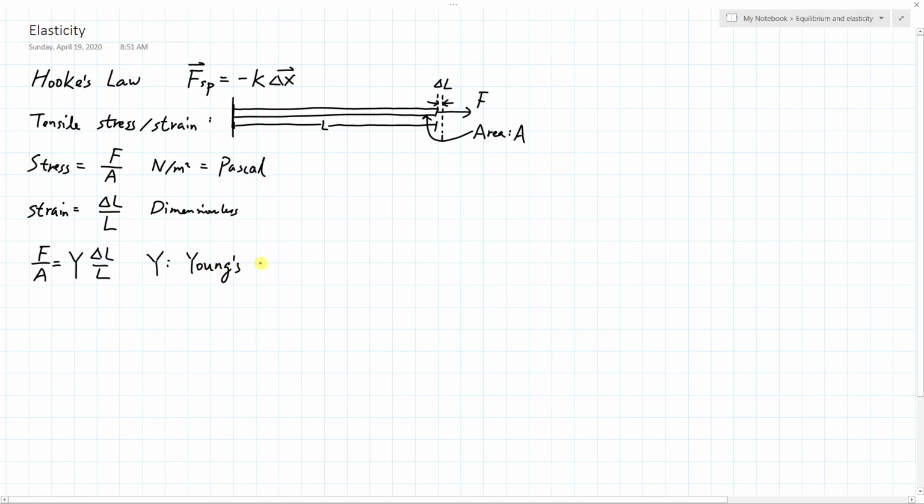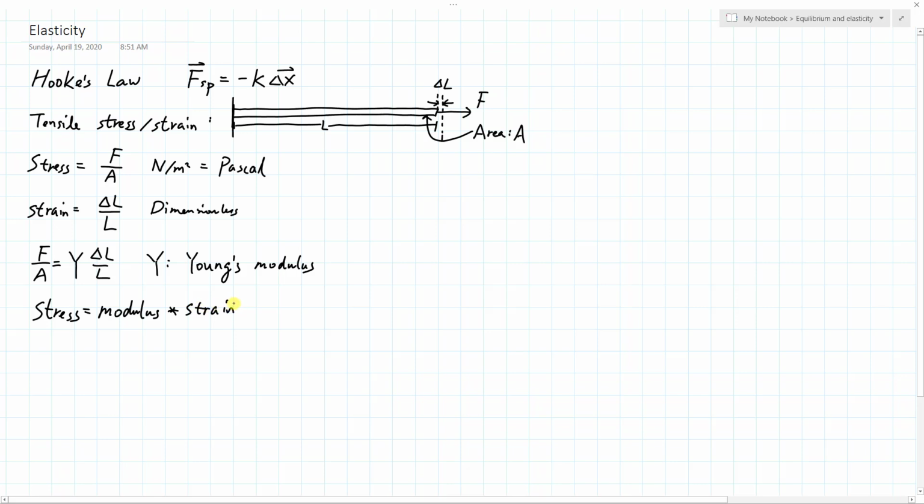So it's Young's modulus. And this can be generalized into a more general form: stress equals modulus times strain, because there can be different types of stress and strain situations.